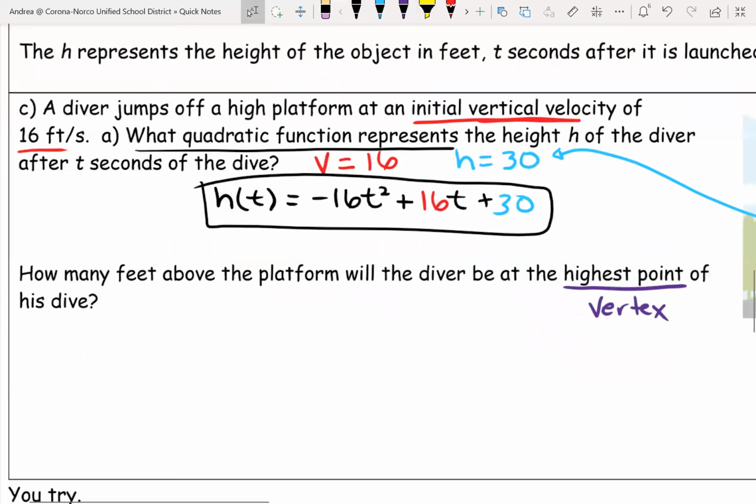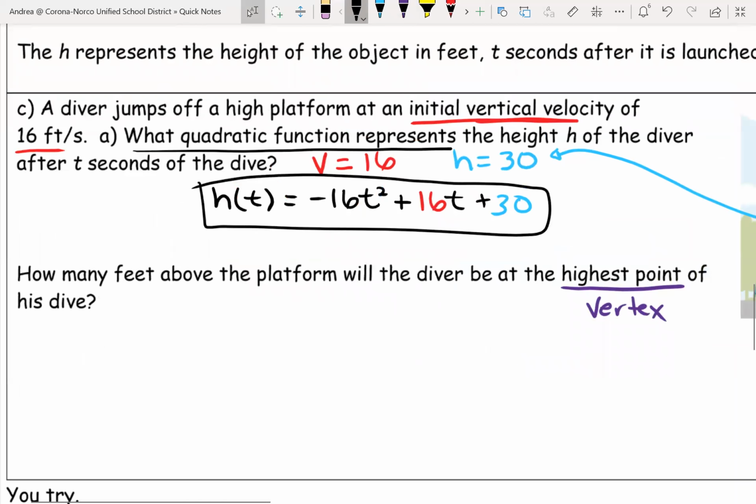In order to find the vertex, we need to start by finding the axis of symmetry.